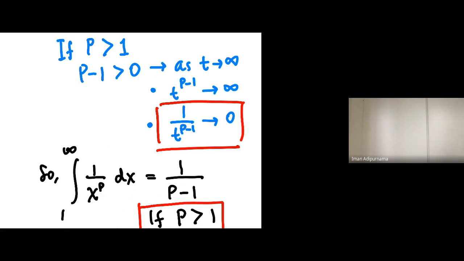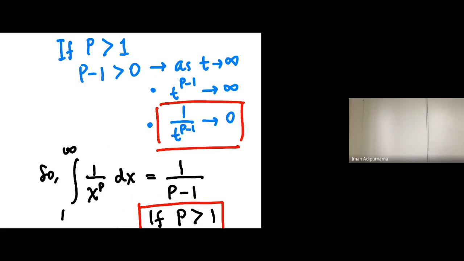So when you have 1 over x to the p, with some real number p greater than 1, you can just compute 1 over p minus 1. So if you have 2, it's 1. If you have 3, it's 1 over 2.